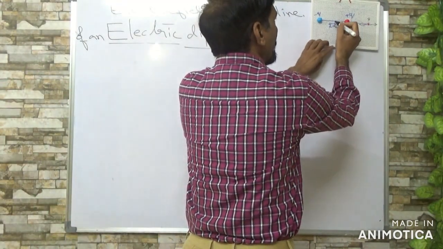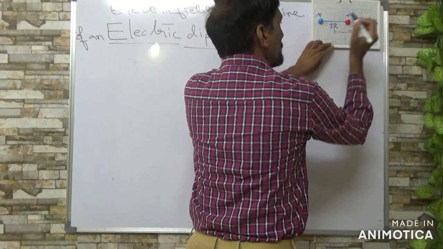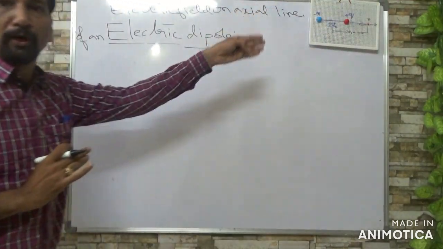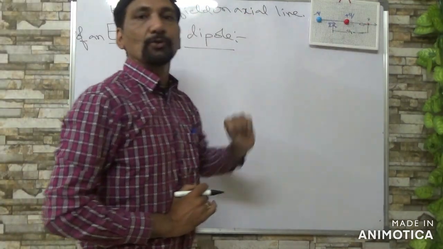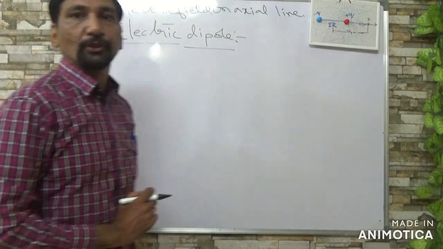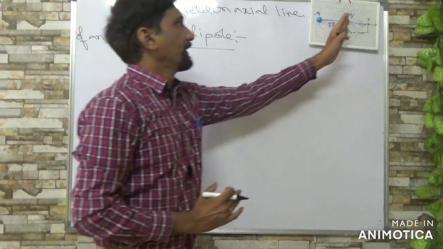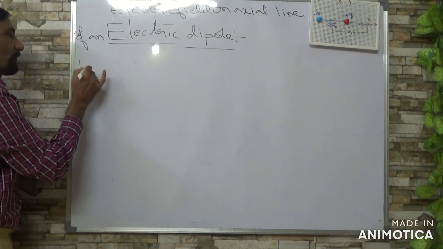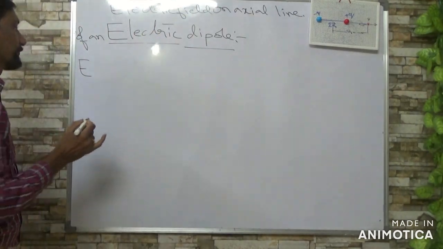Say this point is at a distance r from the midpoint of the dipole. We can conclude that this unit positive charge attracts the negative one and repels the positive one. For repulsion, the direction will be taken outwards; for attraction, the direction will be taken inwards. First I am going to calculate the strength of electric field due to the negative charge.